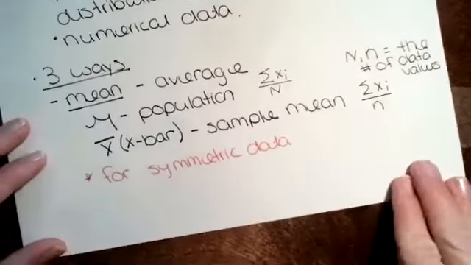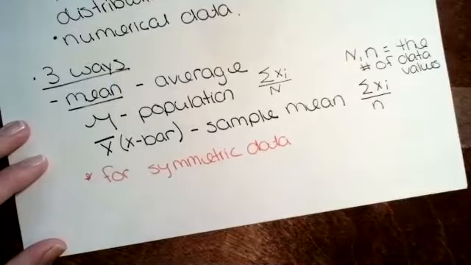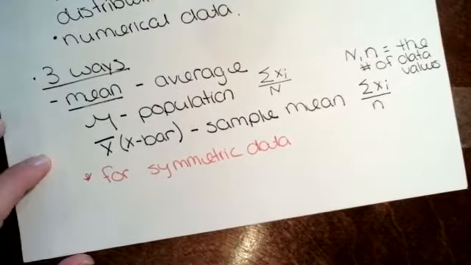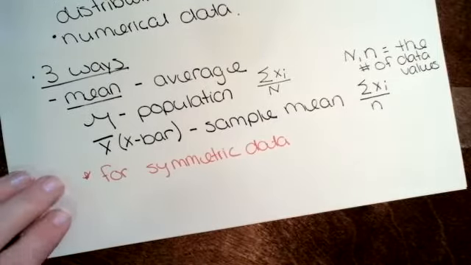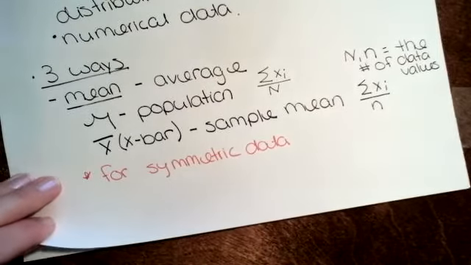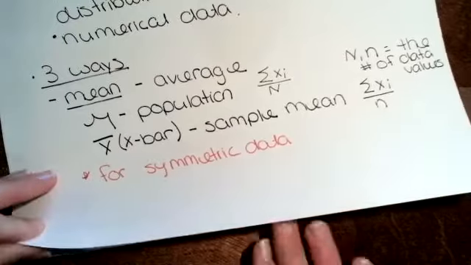And remember, I'm going to say roughly symmetric because nothing is perfect, so it's not always exactly symmetric. Okay, so that's the first way of measuring our center, the mean.